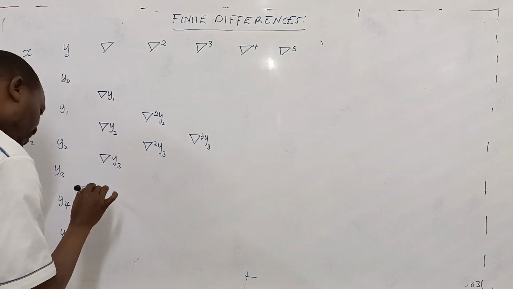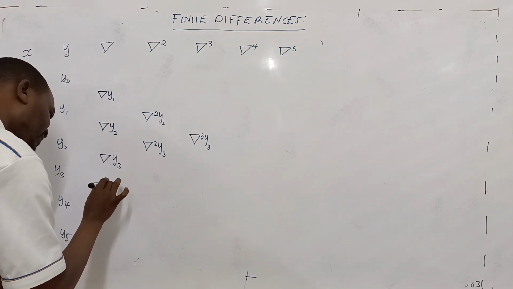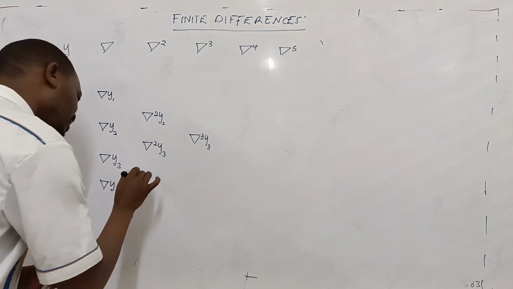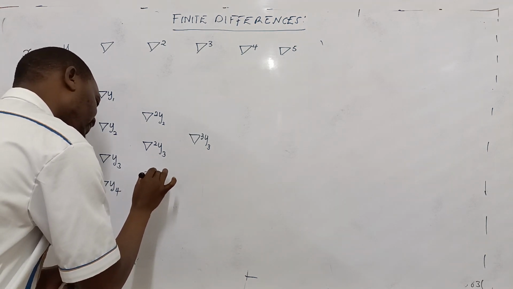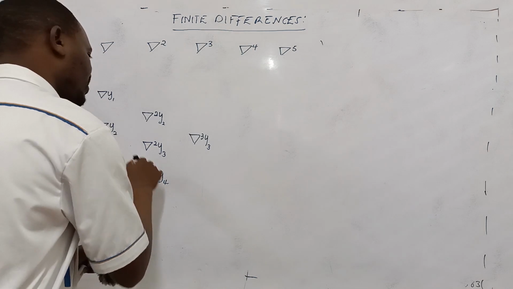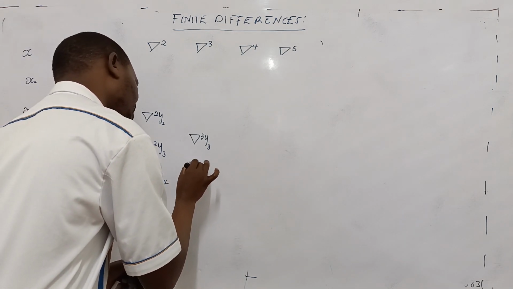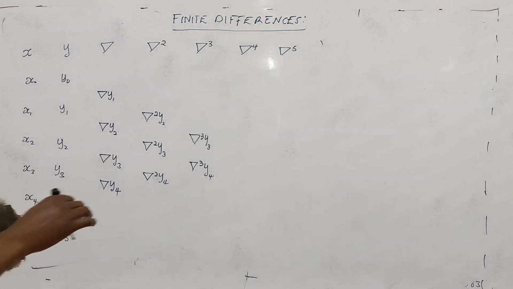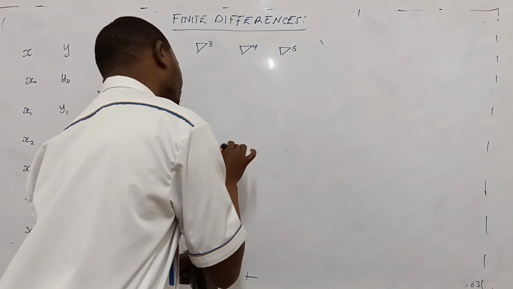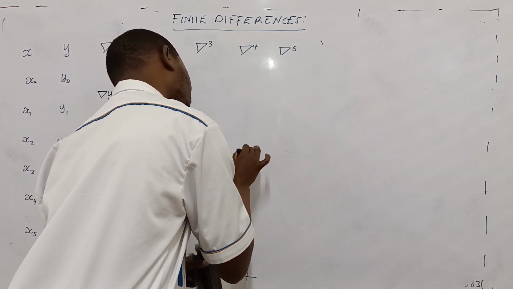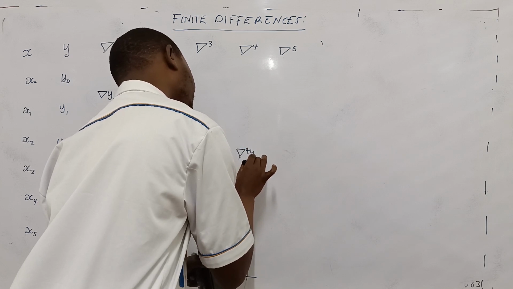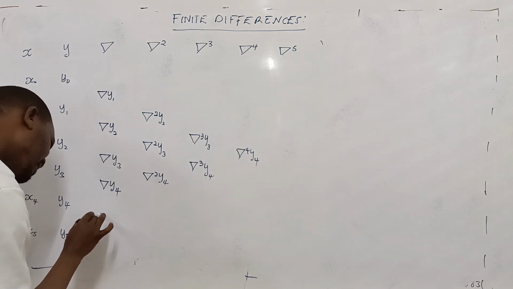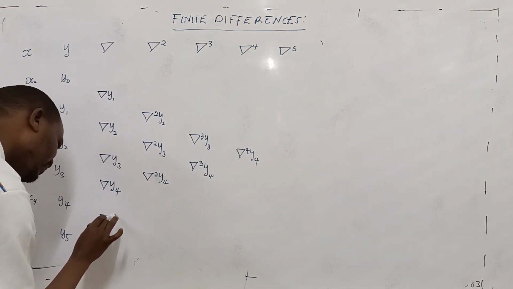y4 minus y3 is the first backward difference of y4. These two backward differences will give us the second backward difference of y4. These two will give us the third backward difference of y4. And these two third backward differences will give us the fourth backward difference of y4. y5 minus y4 will give us the first backward difference of y5.